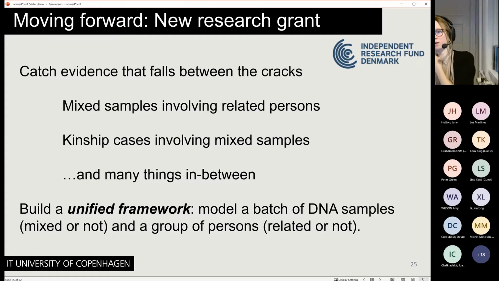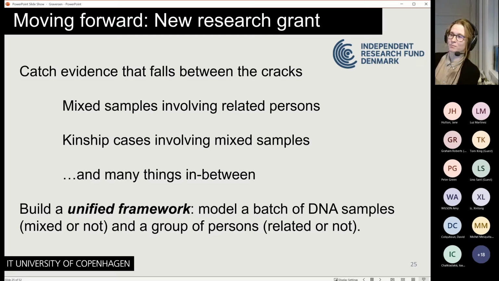And coming from the other side, from kinship cases, there are heaps of examples of cases that can't really be handled. For instance, if you have a rape case with an early termination, then you have a DNA scrape from the termination, and that is a mixture of mother and fetus, and you want to assess whether a particular person is the father.